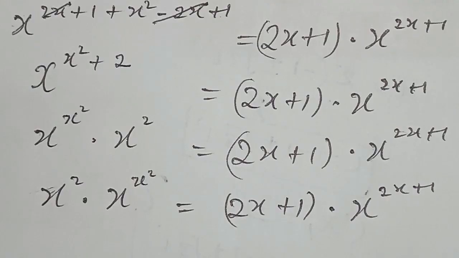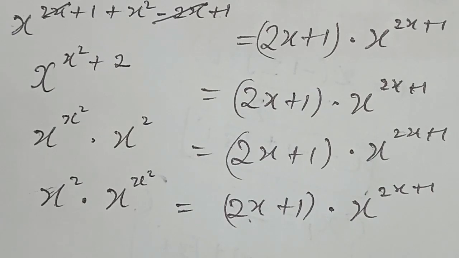Now from here we can equate what we have here together. So we equate this with this, and we equate this with this. Whichever one we do, we have the same expression.